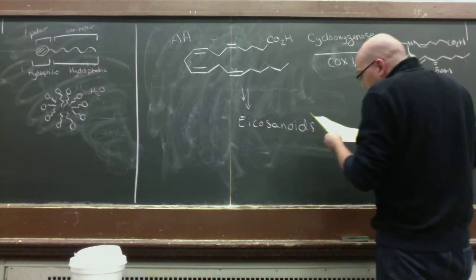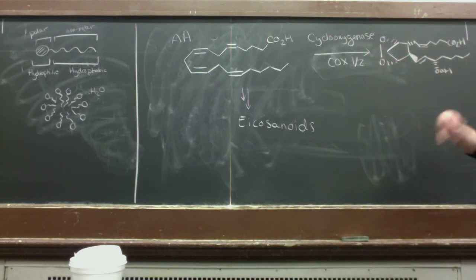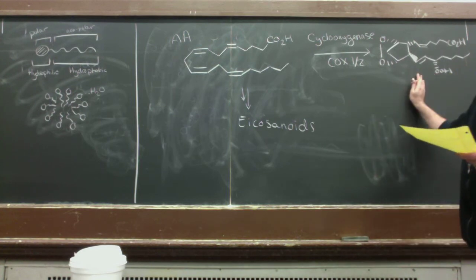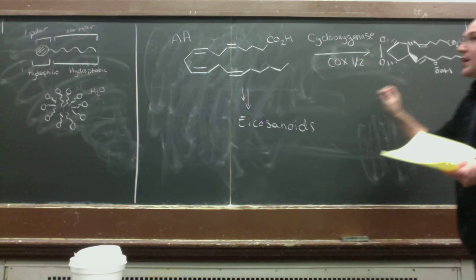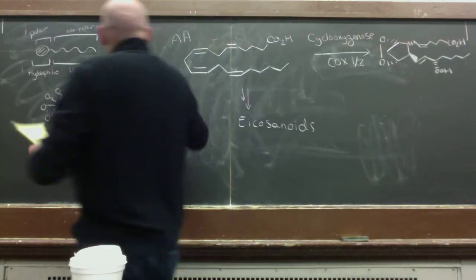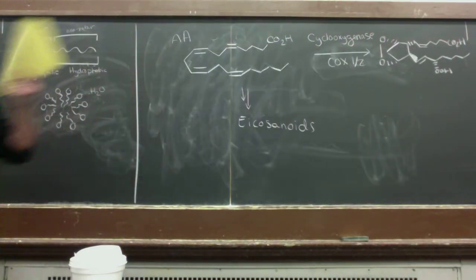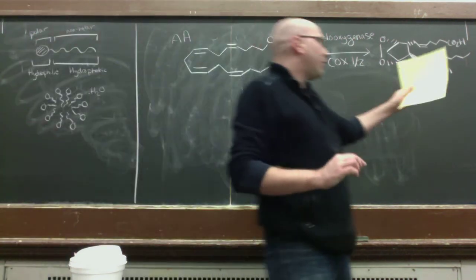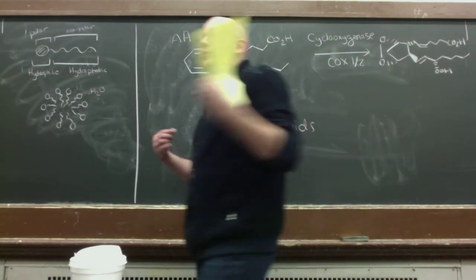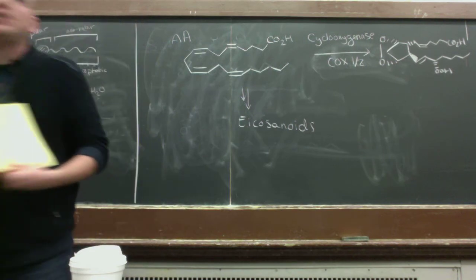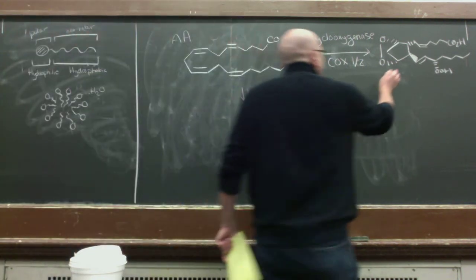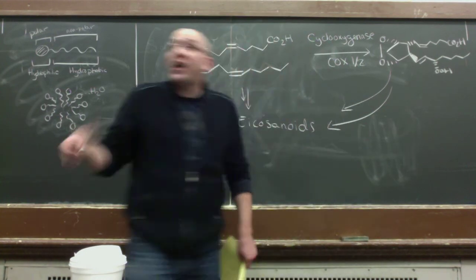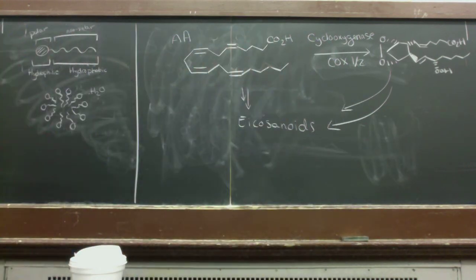So basically, it oxidizes it, it cyclizes it, and you generate this molecule here. Arachidonic acid, and you make this molecule. I don't know exactly what the name of this reaction is, but it's an intermediate towards a variety of eicosanoids. Not all the eicosanoids, but at least several of them.